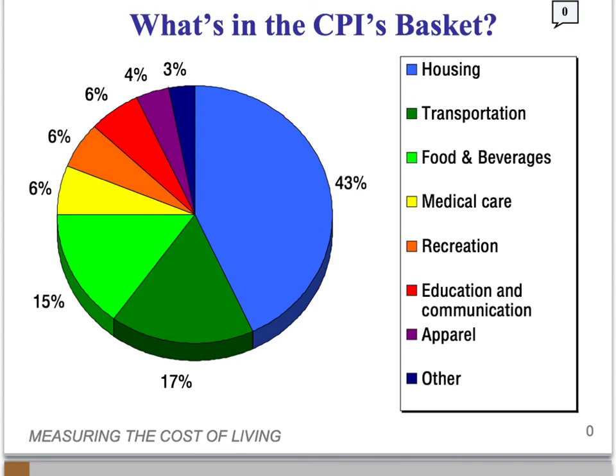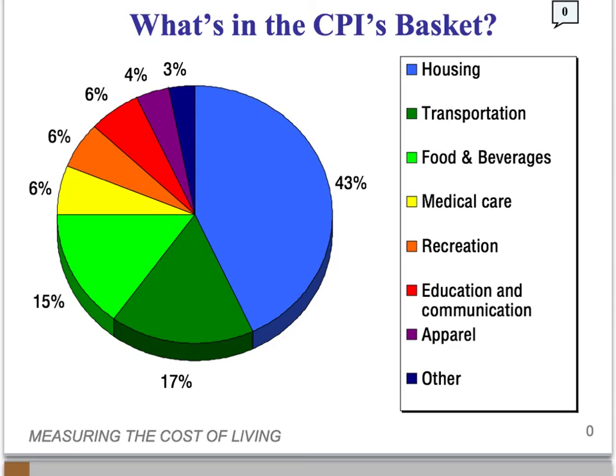Okay, so this is interesting. This is what's in the CPI's basket. And as you're looking through this, you probably can think of some errors as it relates to you. The reason being that most of you don't pay for housing, and things of that nature. But this is the best we have.